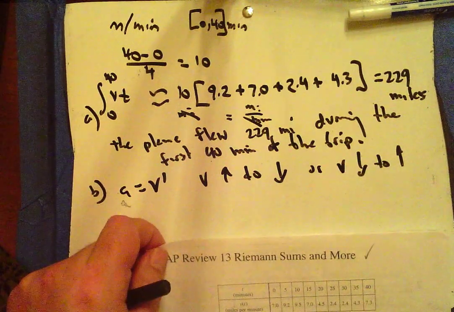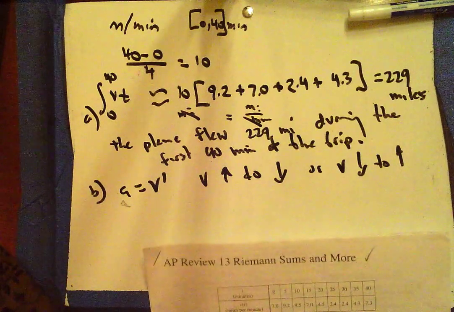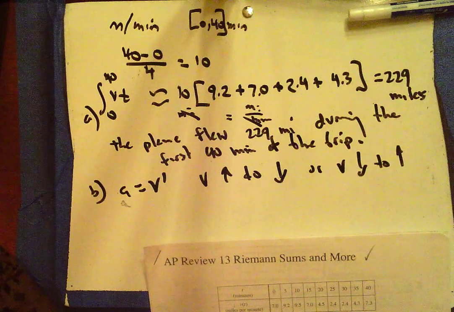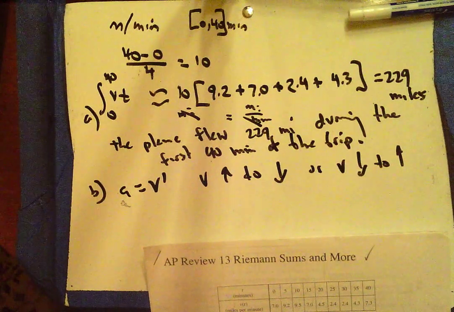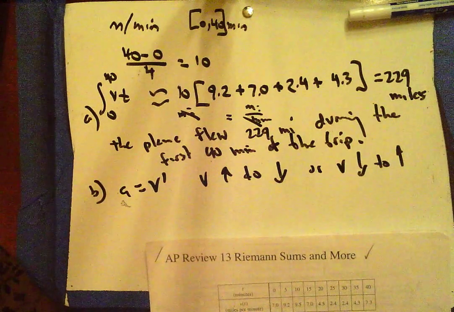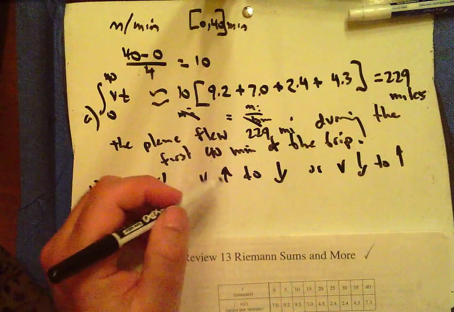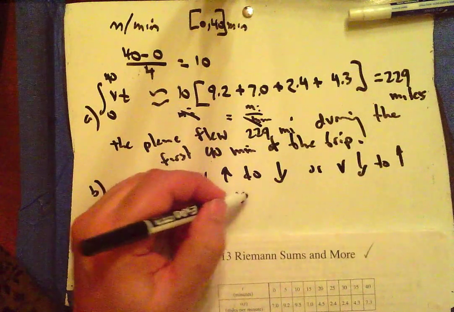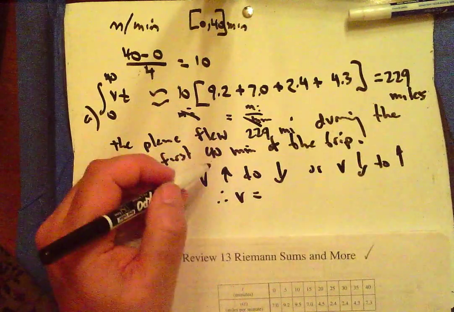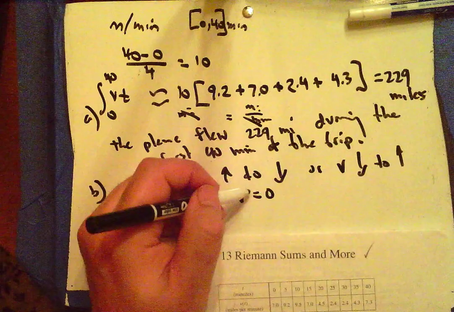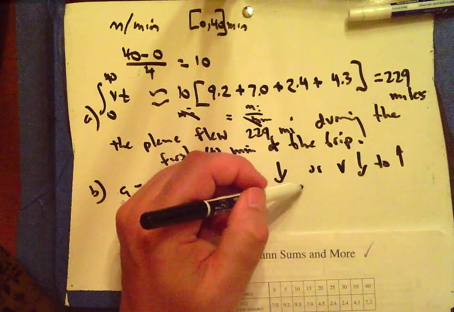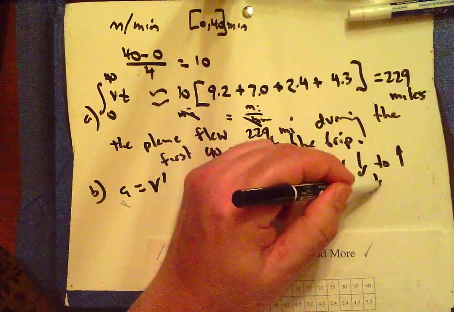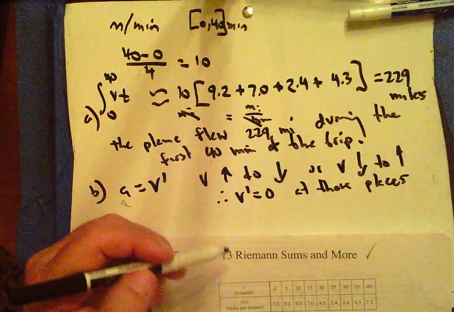v prime isn't going to be undefined because v is a differentiable function, and so the derivative of v exists everywhere. So I'm going to be finding, when I see this, v prime equals 0 at those places. So let's see what we've got here.